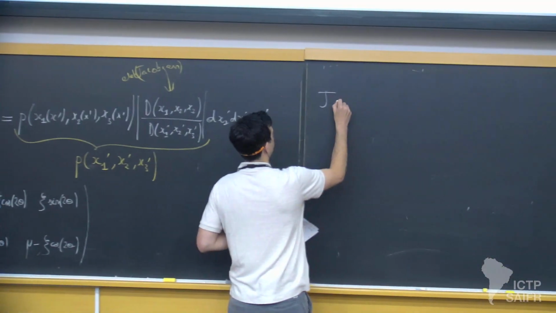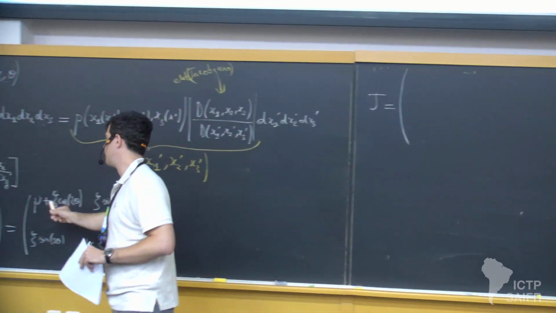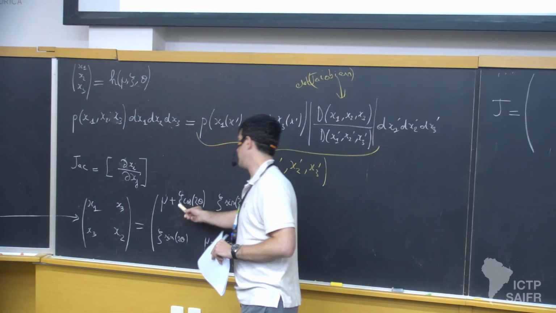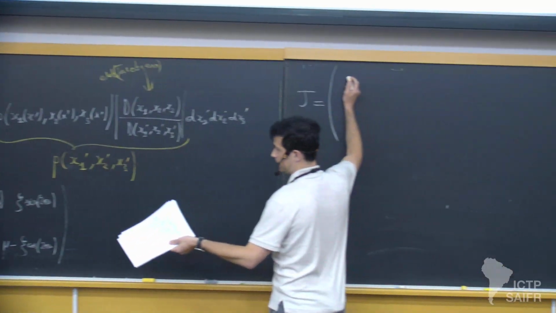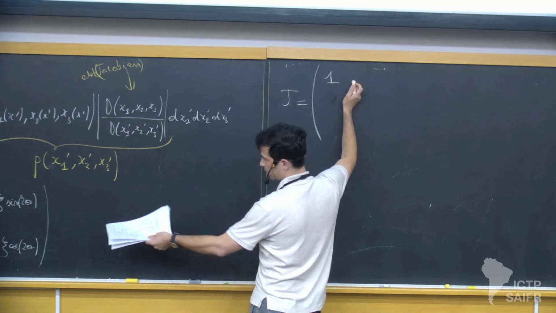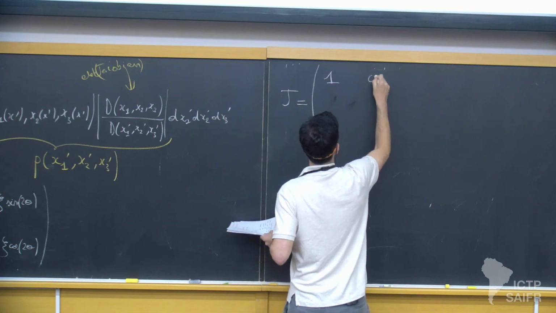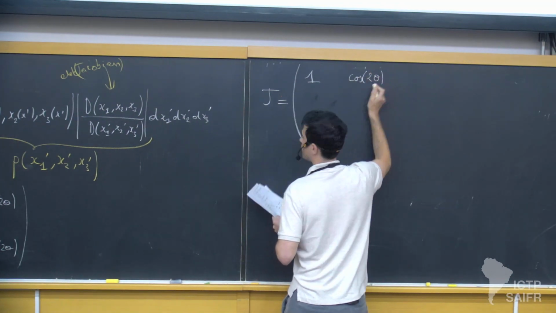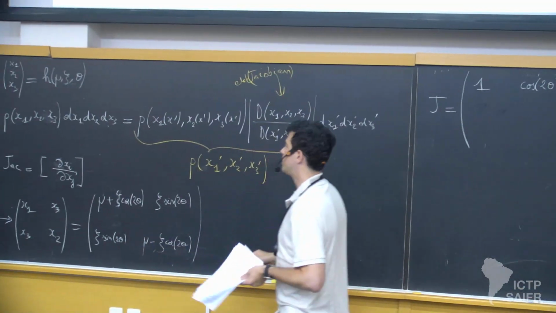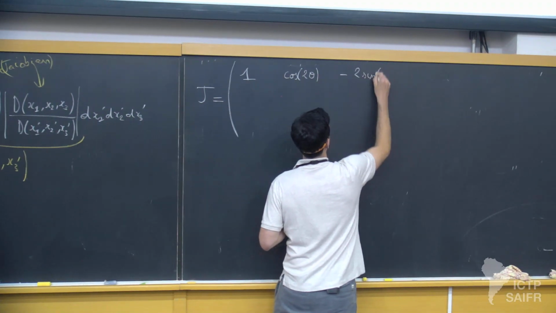So if I compute the Jacobian, first line, I'm taking x1 and deriving it in turn with respect to mu, psi, and theta. First column, the derivative with respect to mu is 1. Second column, the derivative with respect to psi gives cosine 2 theta. Third column, the derivative with respect to theta gives minus 2 psi times sine 2 theta.